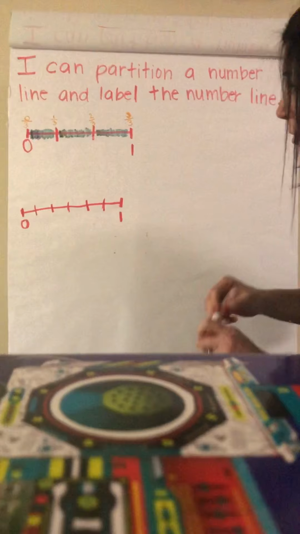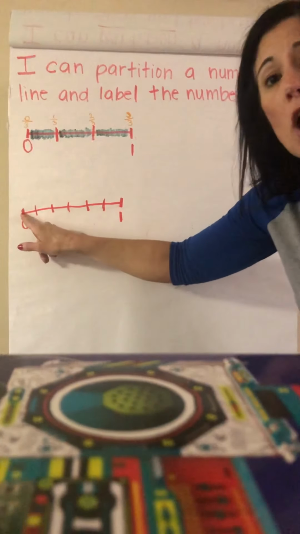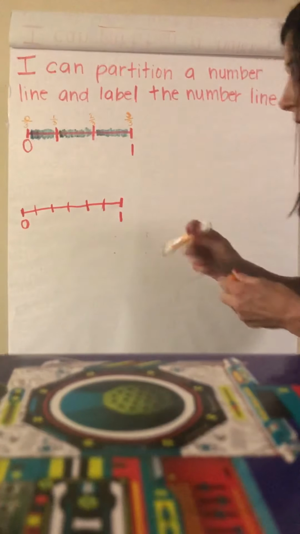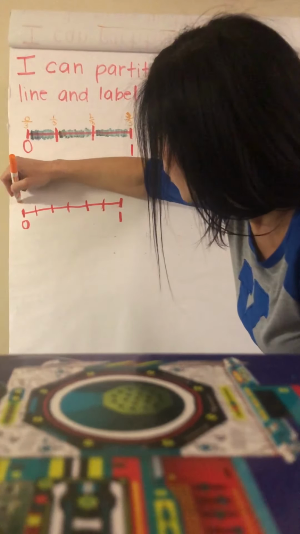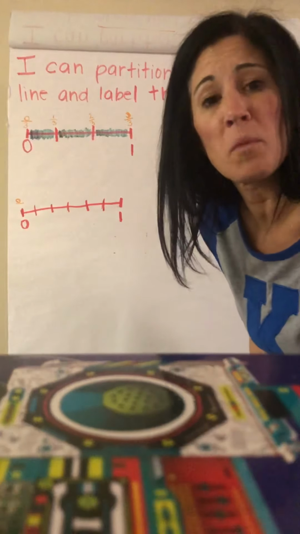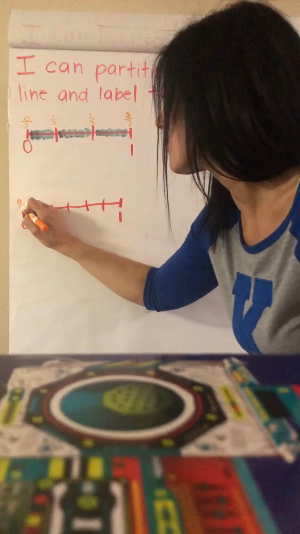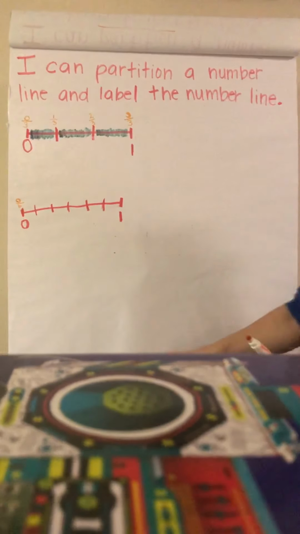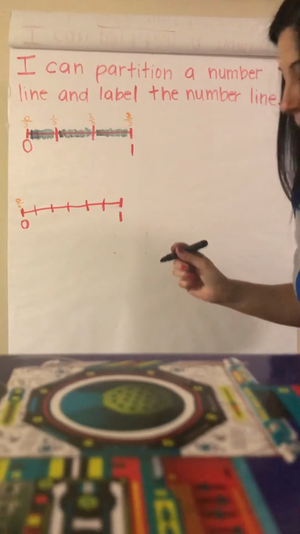So if you remember, when we're at 0, you can see right here, there is no line. There's nothing. So we have 0. And remember, our line is broken into 6 pieces, so we have 0/6. Okay.